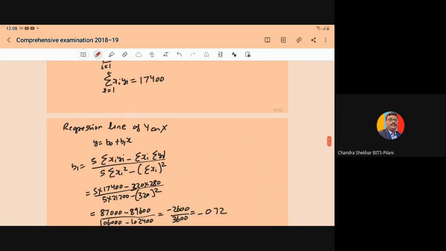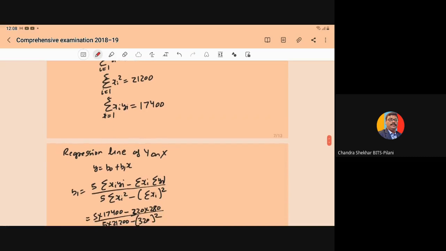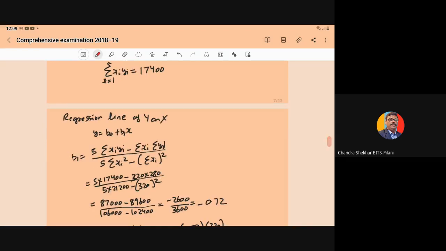So we have the following formula for computing b1: n into summation of xi yi minus summation of xi into summation of yi, upon n into summation of xi square minus square of the summation of x. So we have all the values. So 5 into 17400 minus 320 into 280, upon 5 into 21200 minus 320 whole square.